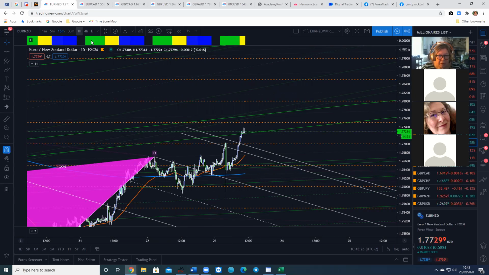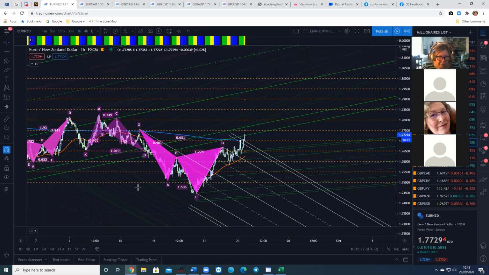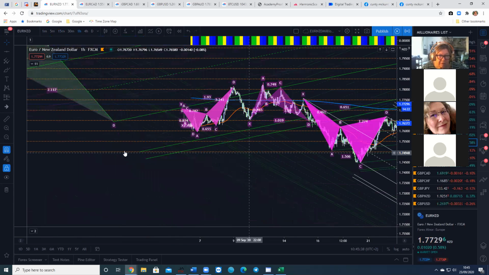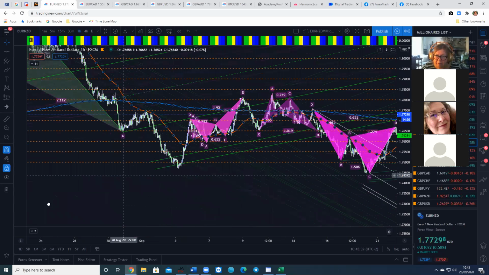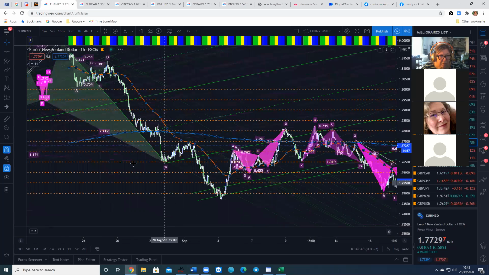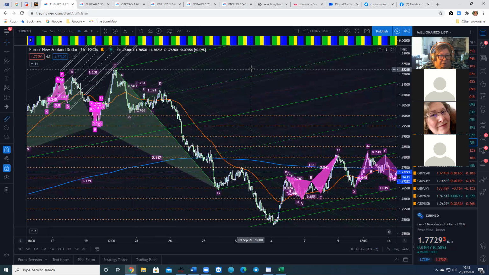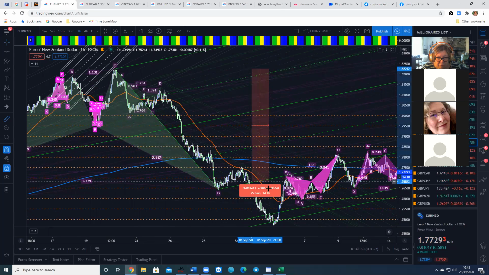And let me just find the one it's in. So it's now coming back into this one, 28th of August. Massive scan there. So the bigger the scan, the stronger they are.